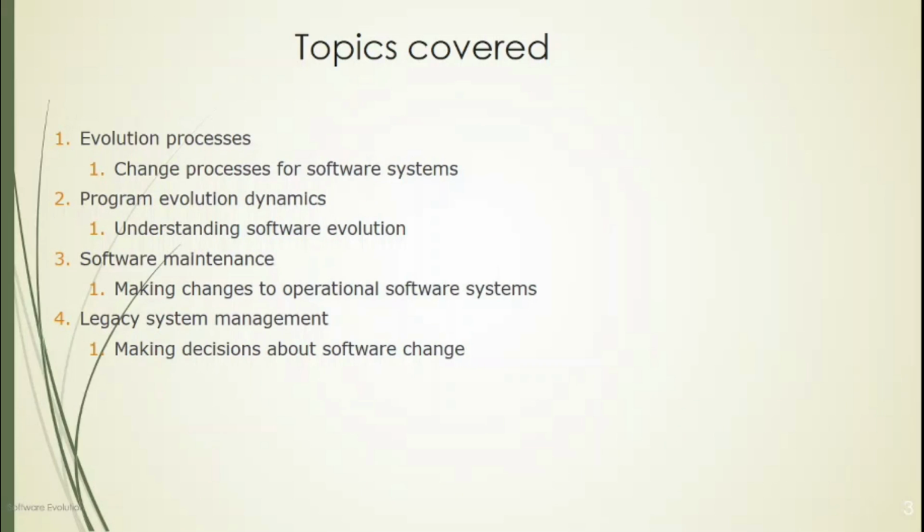In development testing, we saw the three levels of development testing, that is unit testing, component testing, and system testing. Then we saw various examples on unit testing, as well as equivalence partitioning.